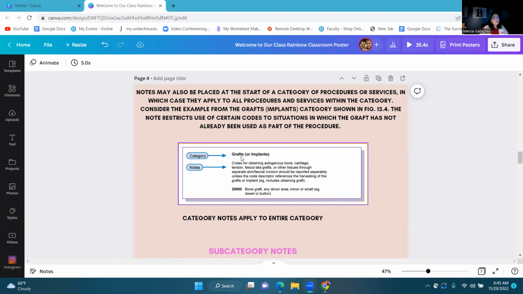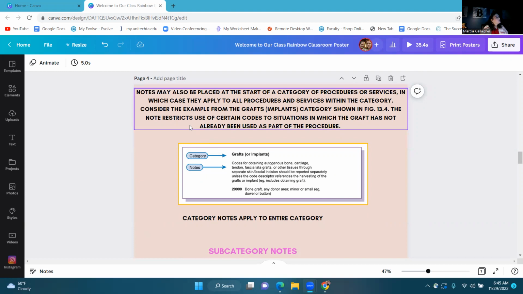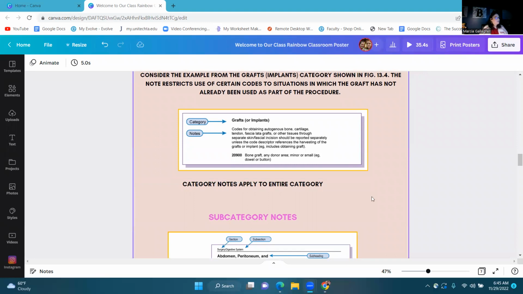You see the category is grafts or implants, and your notes follow. The note restricts use of certain codes to situations in which the graft has not already been used as part of the procedure. That just gives us a little bit of information on our notes here. Category notes apply to the entire category.